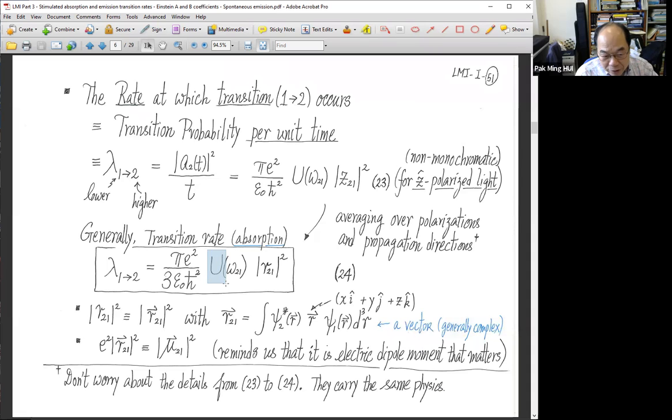We have stimulation. We need the frequency to be right. We know the selection rule is related to not only Z, but also X and Y integrals between the two states. It is here. Okay, so we have all the physics. The prefactor is off by 1/3. Well, we can go through step by step from 23 to 24, but I don't want to waste the time here.